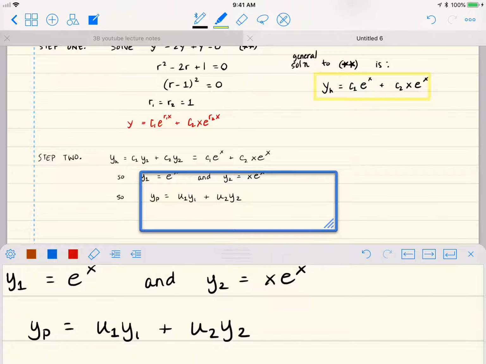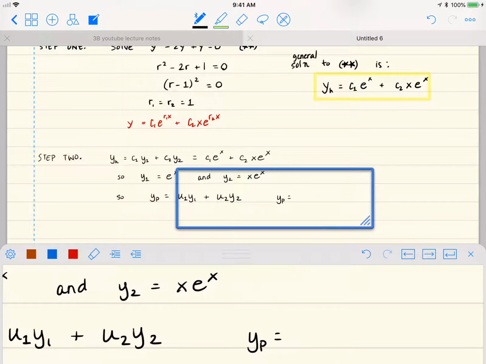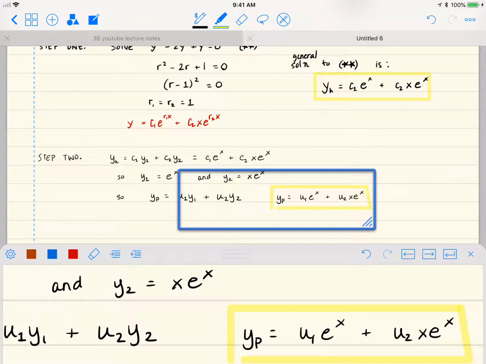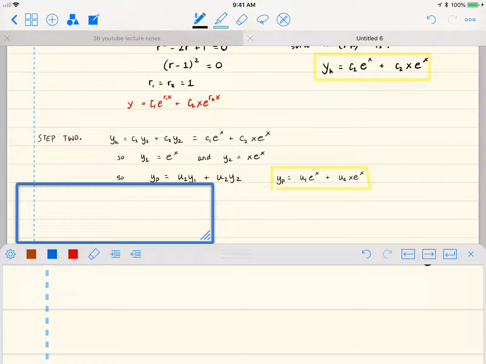We can write this as yp equals u1, and y1 is e to the x, plus u2 y2, which is x e to the x. Okay, so now let's go to step 3.